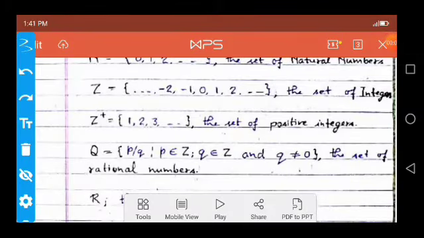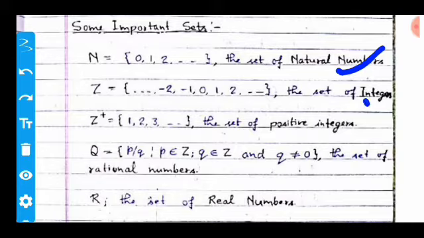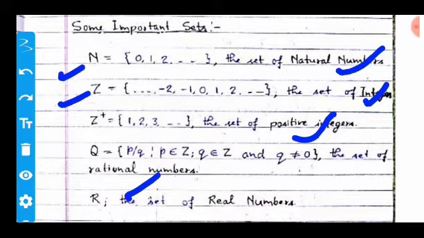Some important sets are the natural numbers, integers, positive integers, and rational numbers. Here, the natural numbers represent 0, 1, 2 and so on. Z includes all types of integers, where both positive and negative integers are included. Positive integers contain only positive numbers.